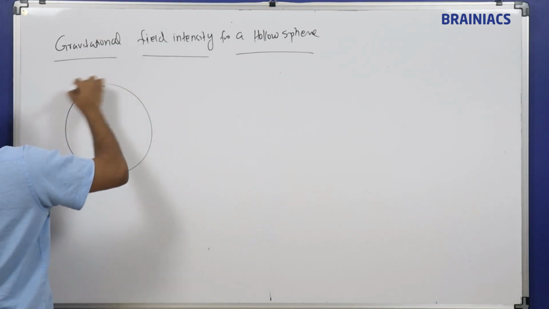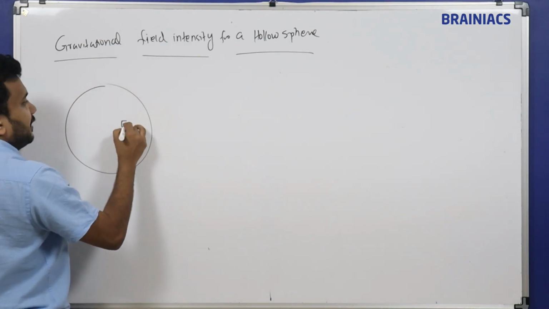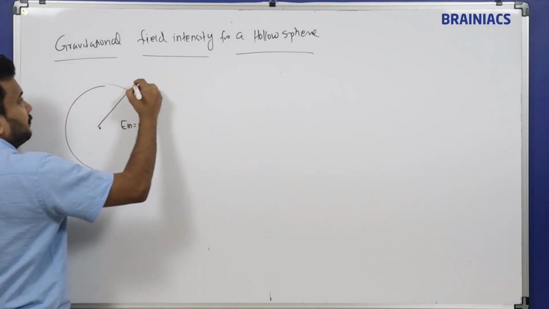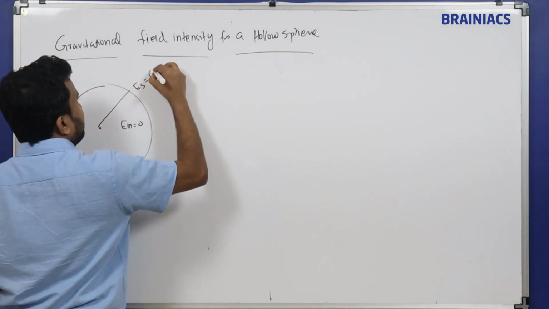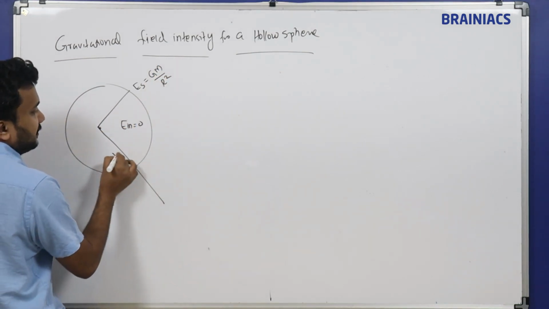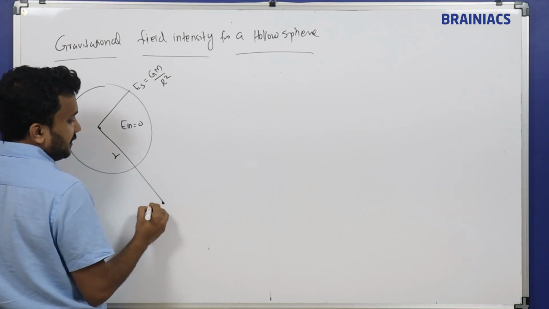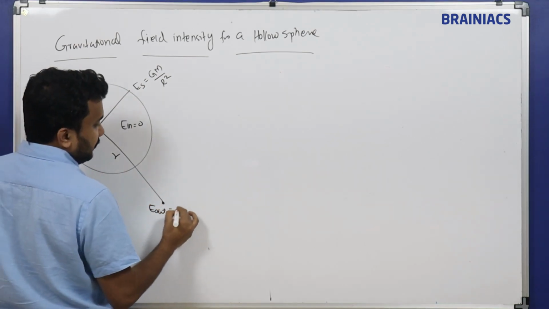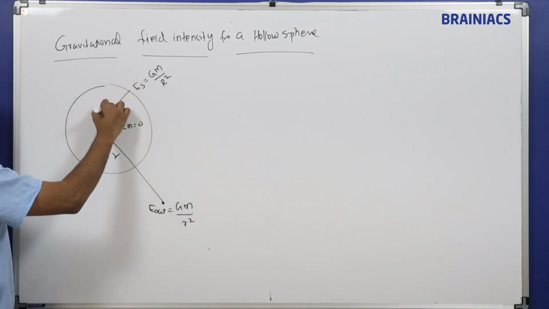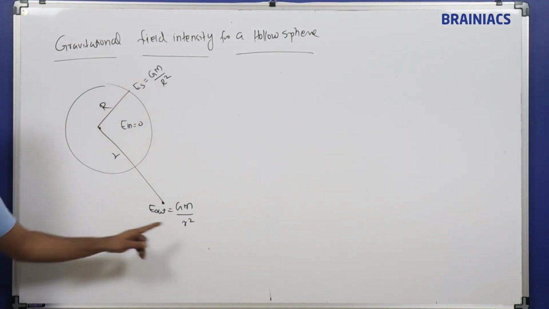I'll just give a recap. Inside, gravitational field intensity is what? 0, because there is no mass, nothing is involved. Gravitational field intensity at the surface is Gm by R square. At a distance r out, E outside is Gm divided by r square. Here capital R is the radius, and here it is small r square.